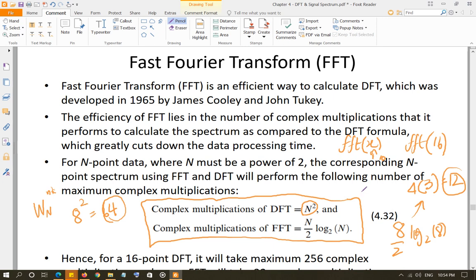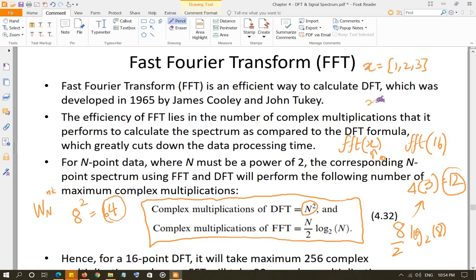So if you have 10 data points or any number of data points that is not a power of 2, how can you use the FFT algorithm? What we do is add zeros towards the end of the vector such that the total number of data points becomes a power of 2. So let's say your x is 1, 2 and 3. 3 samples, of course, is not a power of 2.